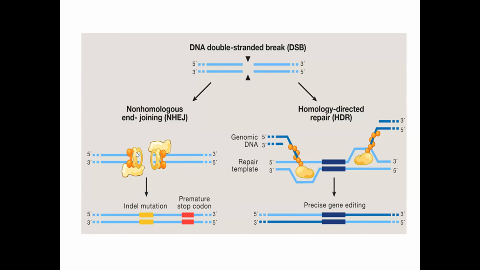So every time it tries to patch up the two ends of DNA by this non-homologous end joining, it will try to add some nucleotides, or it will try to remove some nucleotides from the joining ends.